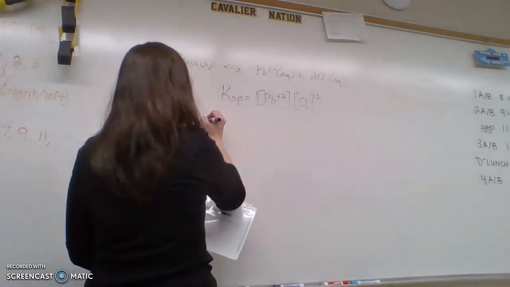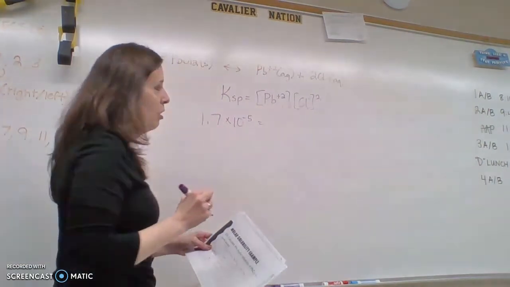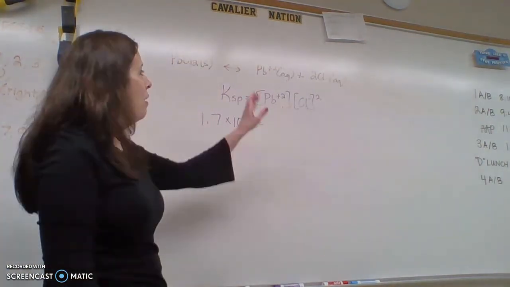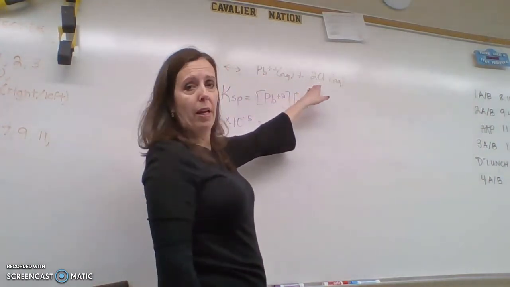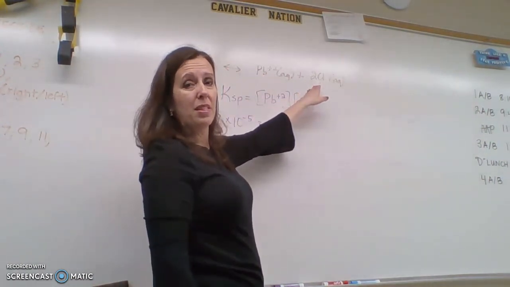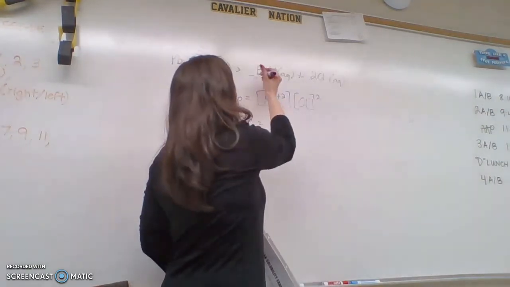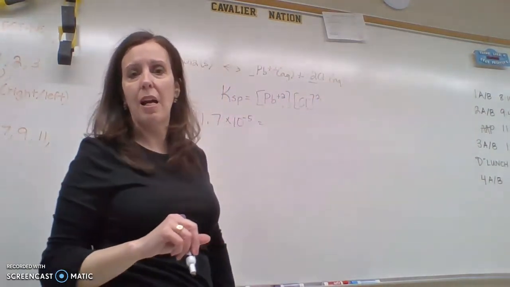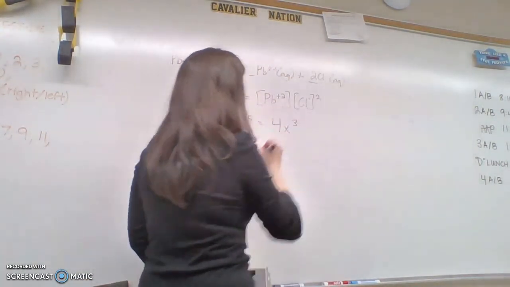For this one, the Ksp value is that. Now, I'm going to show you a little shortcut. When you look on the product side and there are 1 and 2 items, there's 1 plus 2, so there's 3. Anytime you look on this side and there are 3 of those, this is your setup.